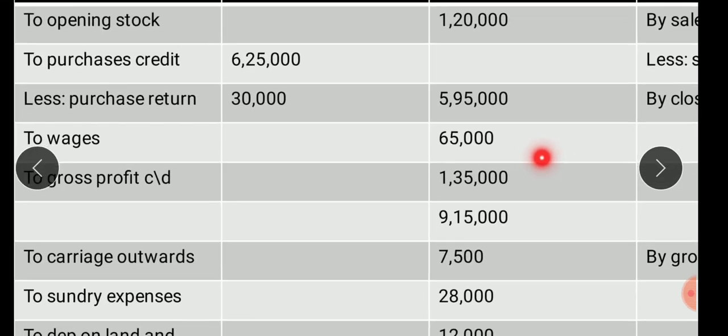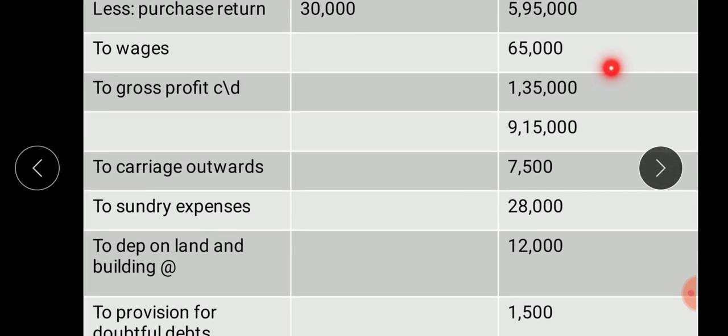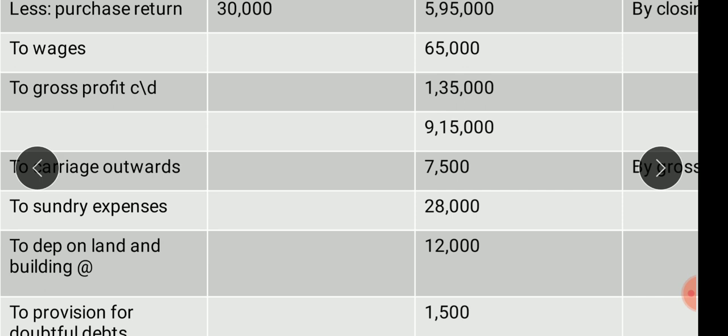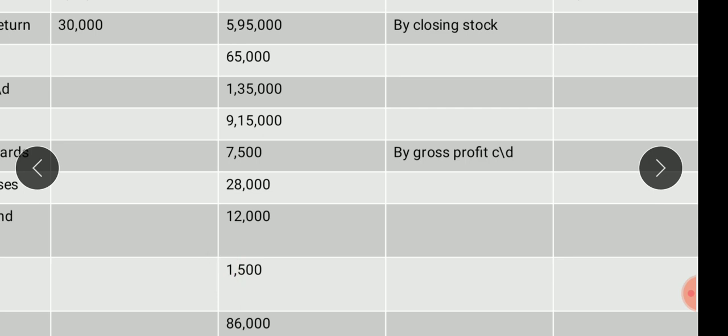Credit side value 9,15,000 minus the debit side value, we get the answer 1,35,000. 1,35,000 is known as gross profit.